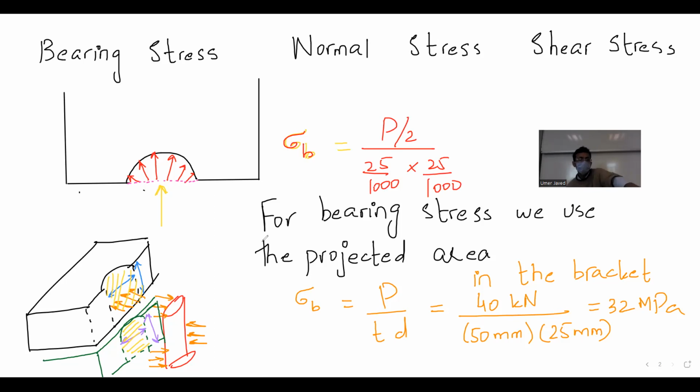This is correct because half of the load is transferred to the top bracket and half to the lower bracket, so the half load and half of that contacts the pin. But don't multiply with the 2. Done? Clear?